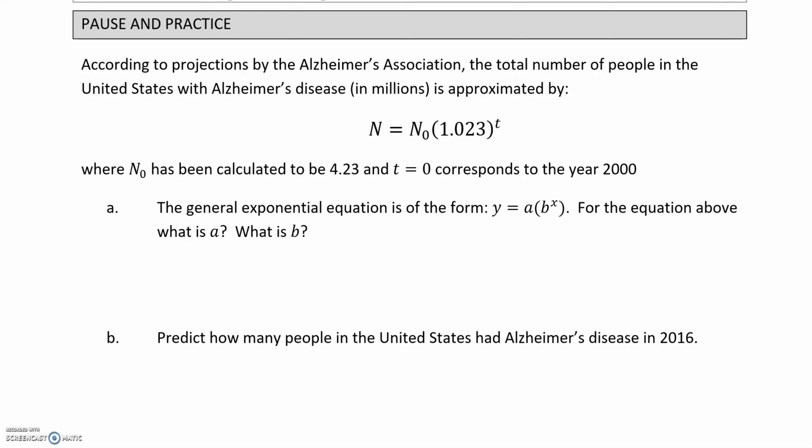So this tells us that in the year 2000, we initially have 4.23 million people with Alzheimer's disease.